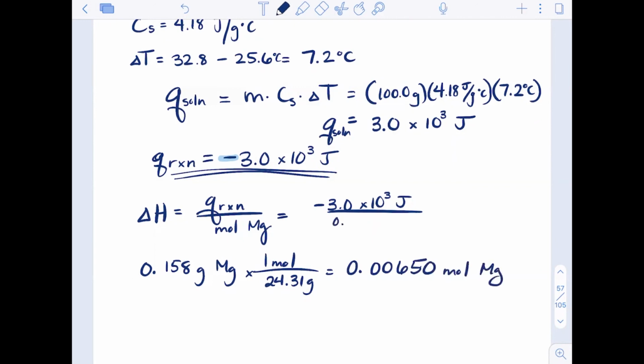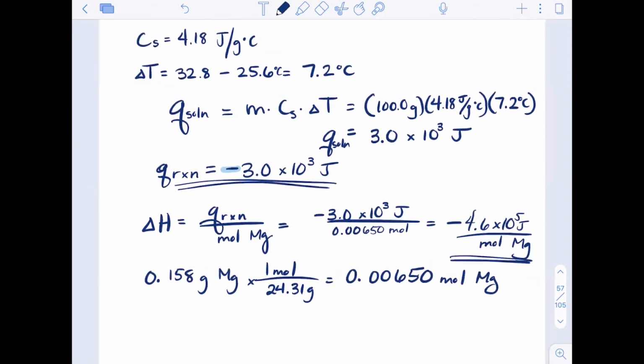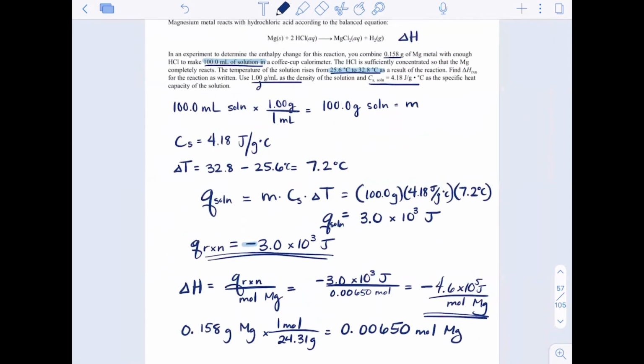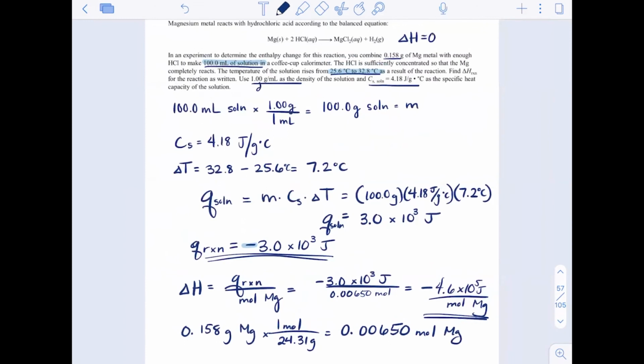And we'll put that in the denominator. 2 sig figs at the end of the day, negative 4.6 times 10 to the 5 joules per mole magnesium. Beautiful. Zoom out. Negative 4.6 times 10 to the 5 joules per mole.